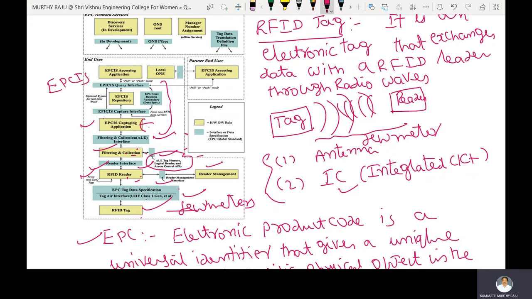Some interconnection is there. Once ALE generates consolidated and filtered data, it is sent on. The data is captured by the EPCIS capturing application through the ALE interface. That means the filtering and collection interface.